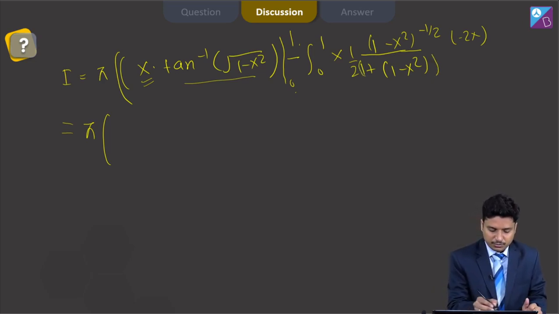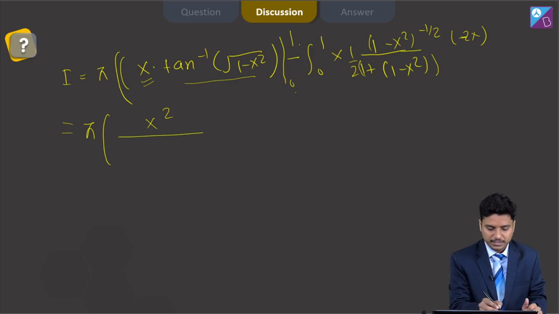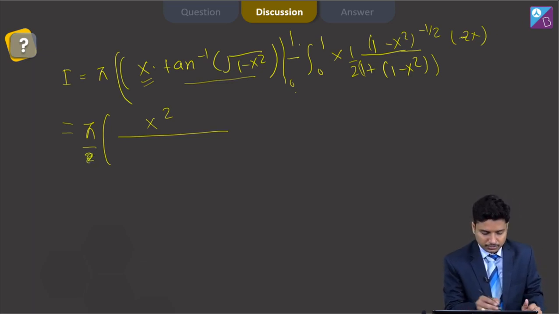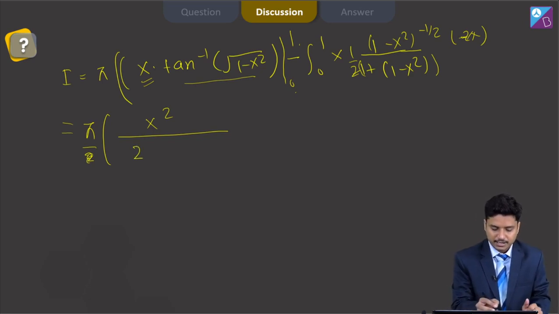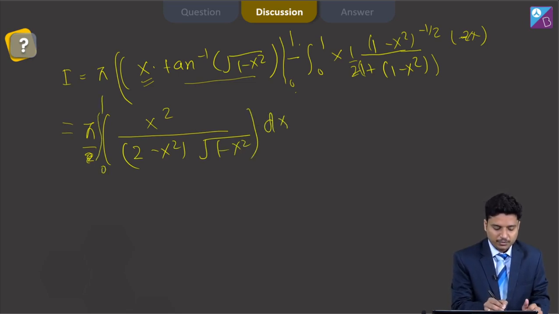So this is equal to minus, and this minus will get joined and this will be converted into plus, and x into x will be there, x square in numerator, and in the denominator, 2 is getting cancelled from this 2, and this 2 is also getting cancelled, and in the denominator we are left with 2 minus x square into under root 1 minus x square, from 0 to 1.